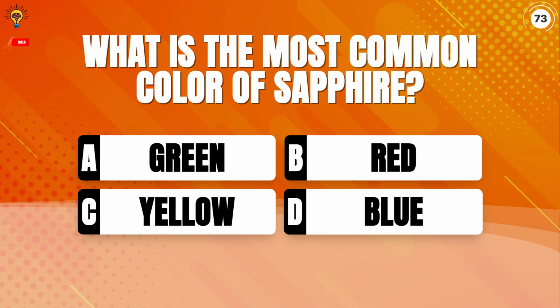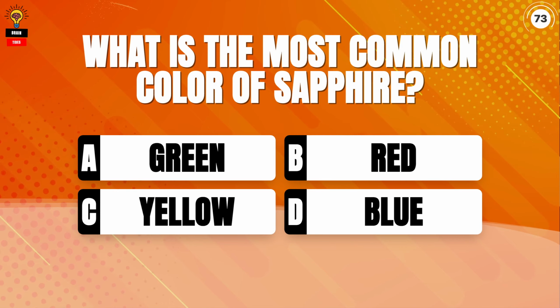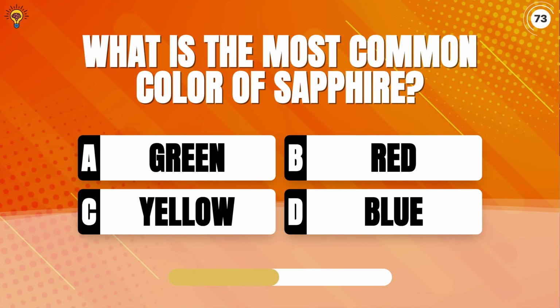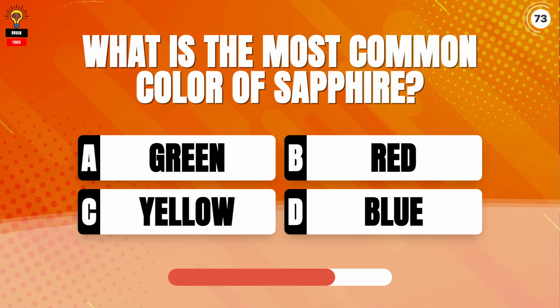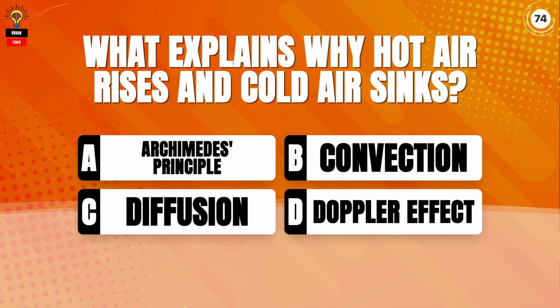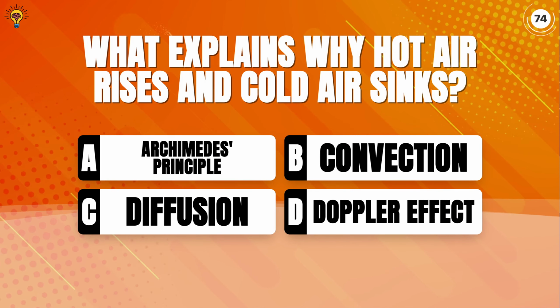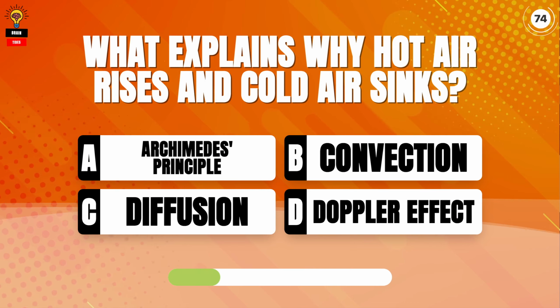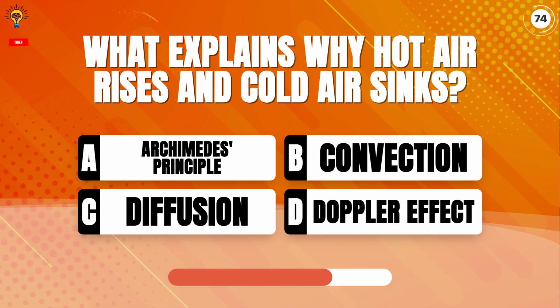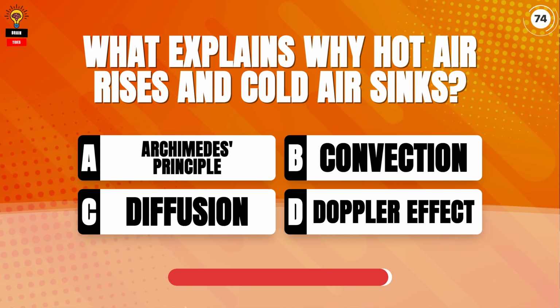What is the most common color of sapphire? Blue. What explains why hot air rises and cold air sinks? Convection.